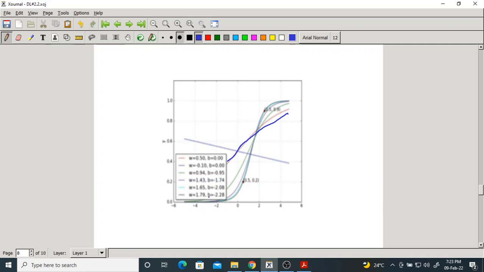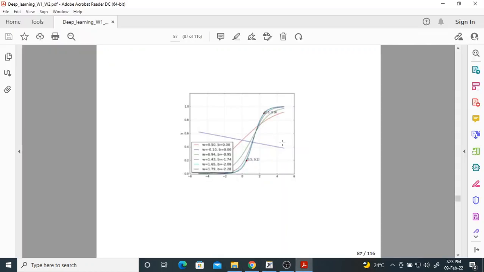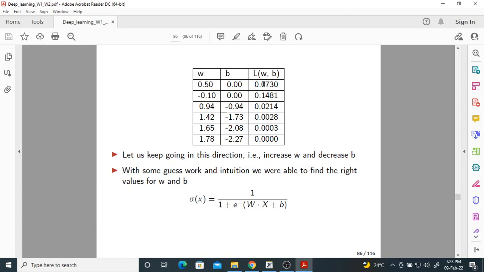Finally, for these values, it is exactly something like this, somewhere here. So we are making an educated guess based upon the data. We have made a guess based upon these values. We have some intelligence over this, isn't it?